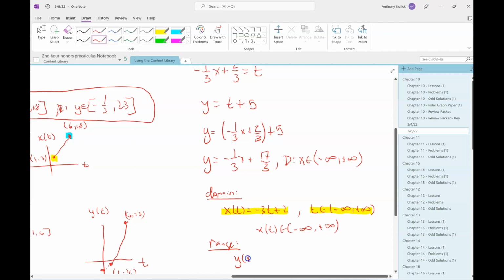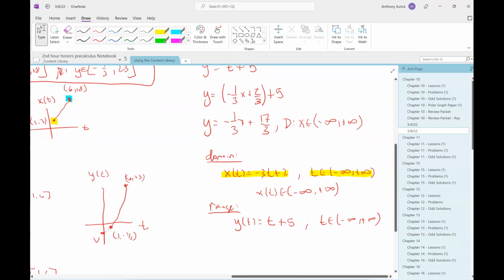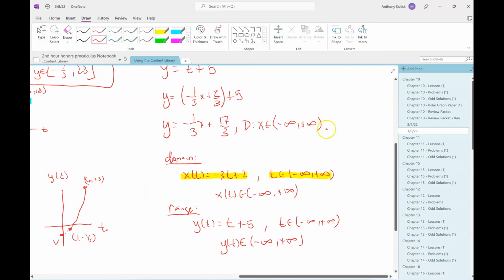We do the same thing with the y of t. What type of function is y of t? Okay, and the domain for that linear function is all real numbers, so the range for that must also be all real numbers.